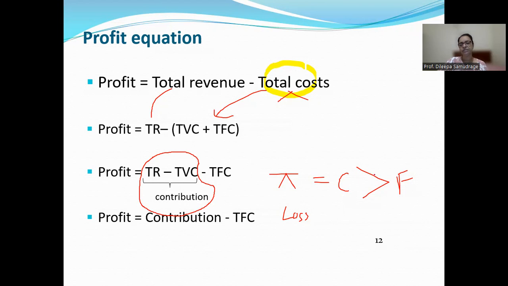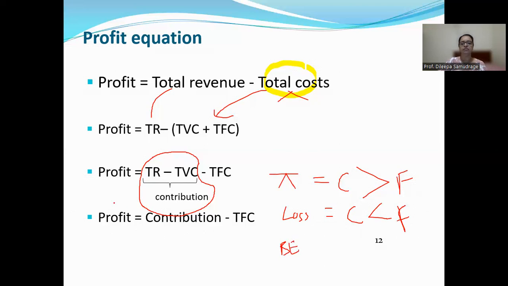If contribution is less than fixed cost, this is a loss situation. So then break-even point.